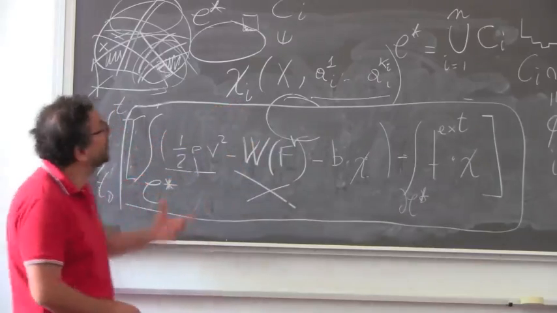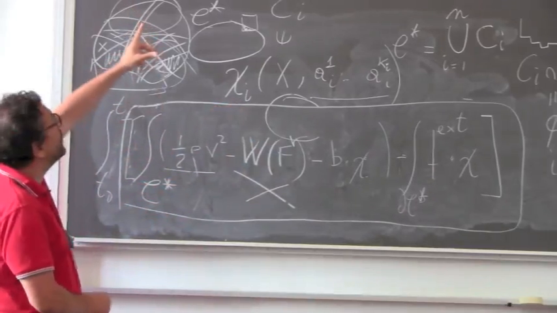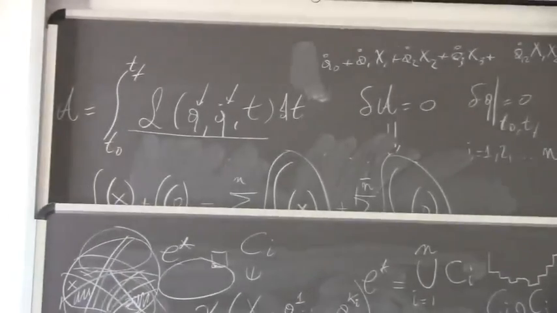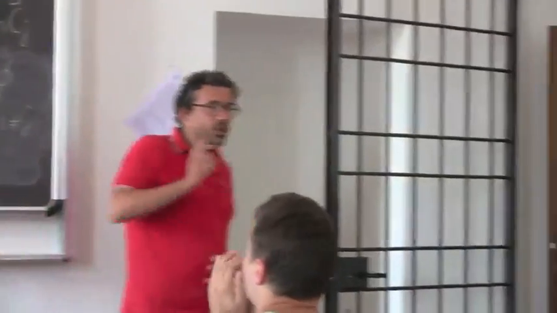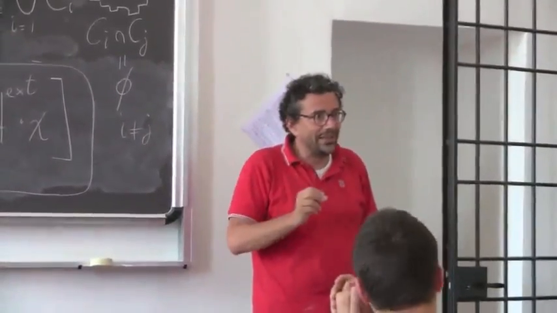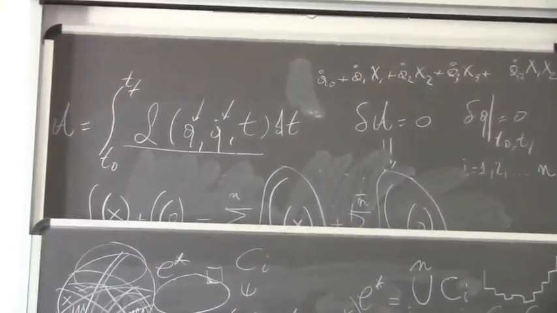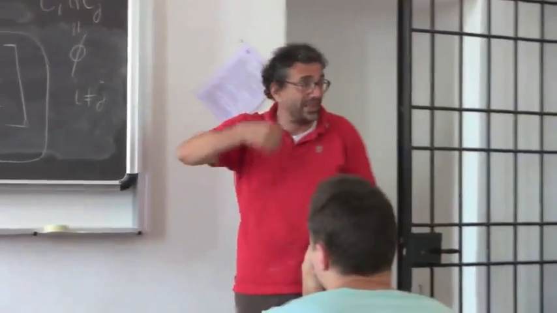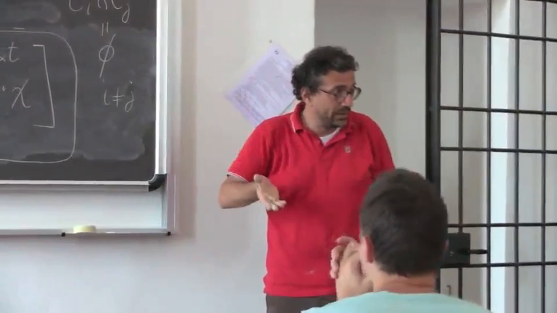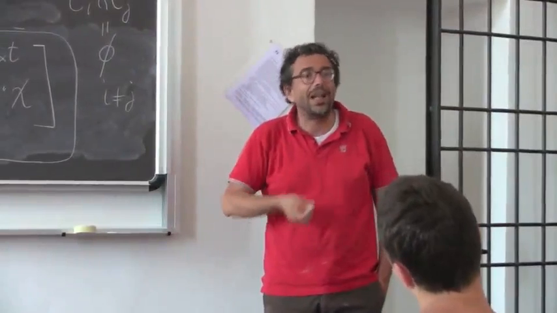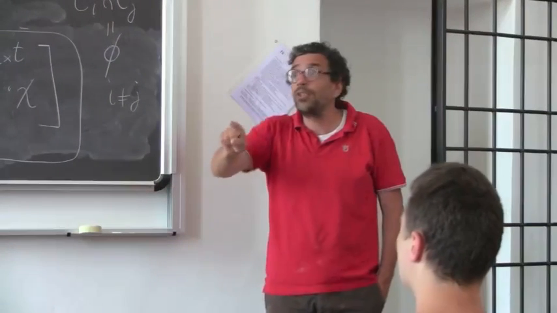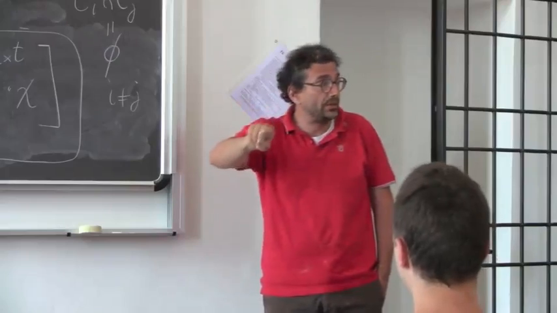And at the end of the story, you get a Lagrangian which depends on Q of M. The good news is that this Lagrangian finite dimensional model has an Euler-Lagrange condition, which is an ordinary differential equation, which in general has a unique solution. And this unique solution can be computed.